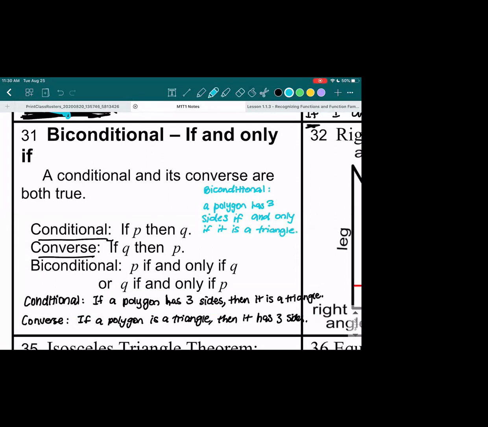Okay? You can also write it the other way, but I don't have space, so I'm not going to. The point is that you write if and only if, I'm going to highlight that, if and only if, you write that part because both the conditional and the converse are true.